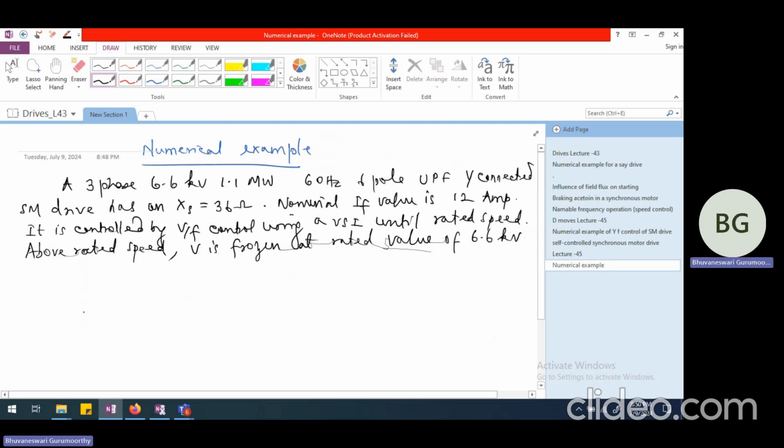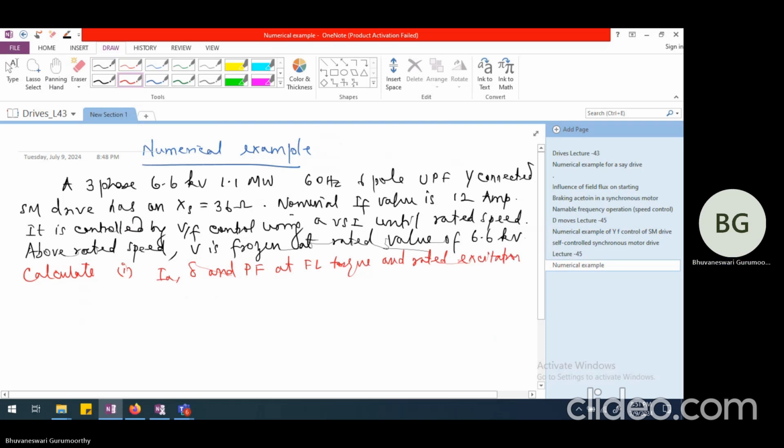Now, what is being asked is to calculate, first subdivision, Ia, delta, and power factor at full load torque and rated excitation when the speed is 600 RPM.